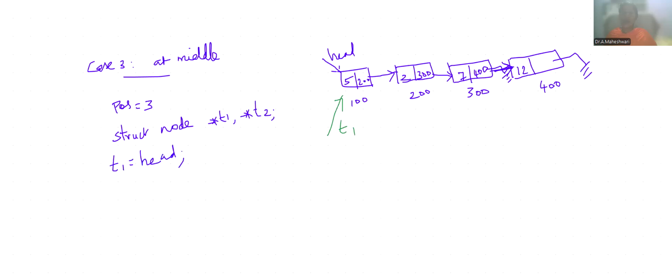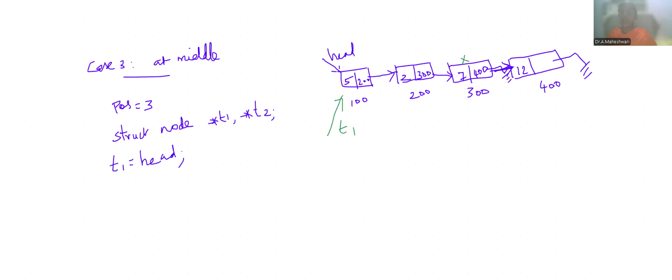Next, how can I keep my pointer at this place? Otherwise, make this pointer before the position. If position is equal to 3, your traversing pointer t1 should point at position is equal to 2. Then easily I can do the deletion.